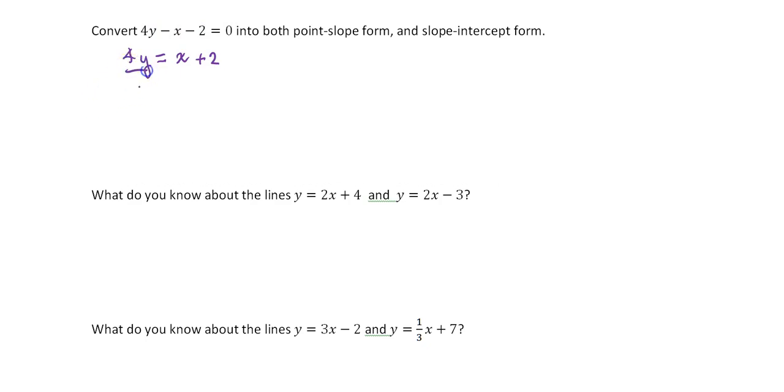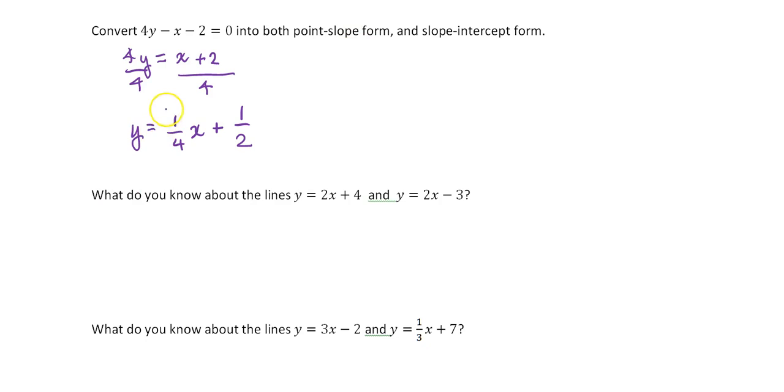Now I'm going to divide both sides by 4. So I've got y is going to equal 1/4 x plus, and then I'm going to reduce this to be a 1/2. Alright, so there's my slope-intercept form.